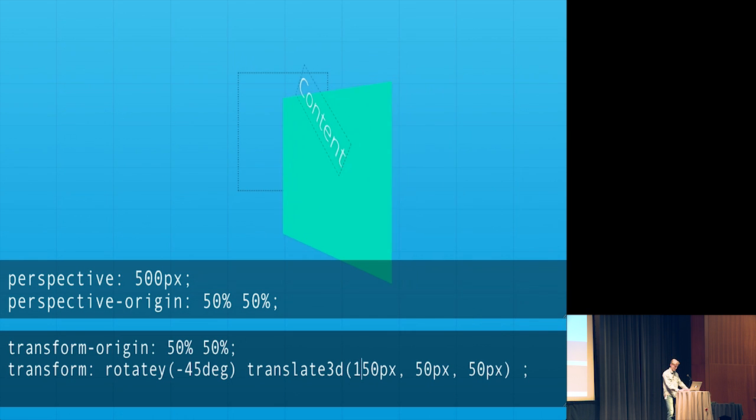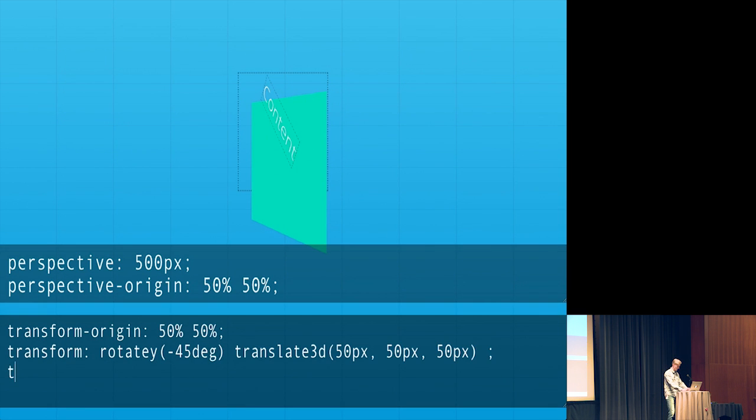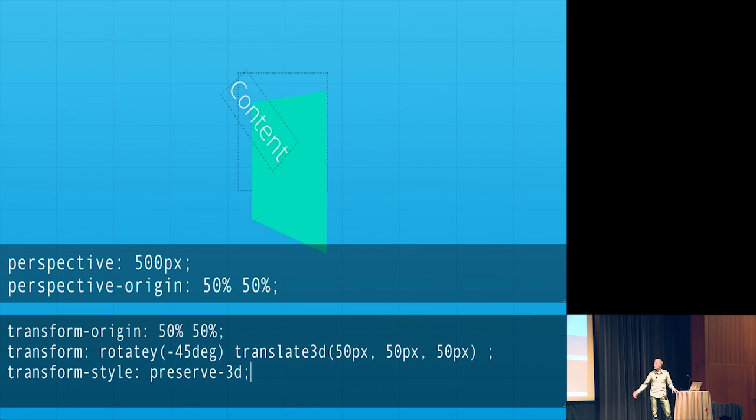And then there's this transform style property that's very useful. The default value is flat, but it has the value of preserve-3d. So I have a ready-made piece of CSS that actually transforms the inner content of that element.